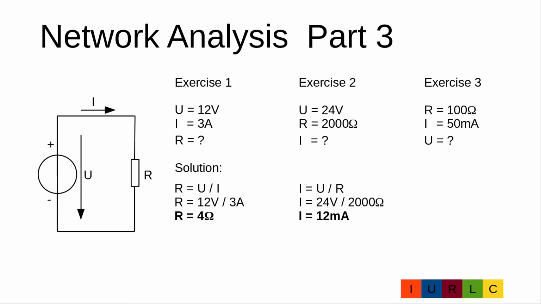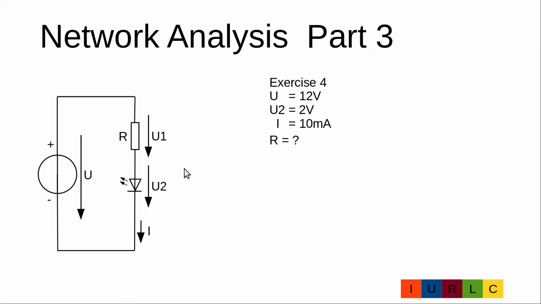And finally, in the last exercise, R and I are on the same level in the Uri triangle, so U is I multiplied by R, U is 50 milliamp multiplied with 100 ohm, U is 5 volt.